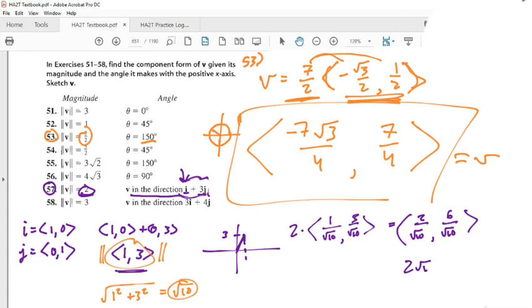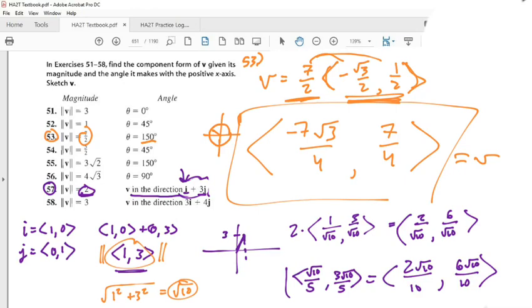So it's going to be 2 rad 10 over 10, which simplifies, and 6 rad 10 over 10, which also simplifies. What does it simplify to? It's going to be rad 10 over 5. And what was the other one? 3 rad 10 over 5. And that is a vector that points in the same direction as that one, and has length 2.